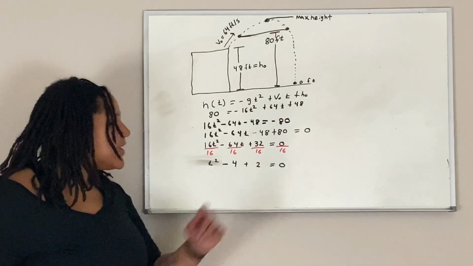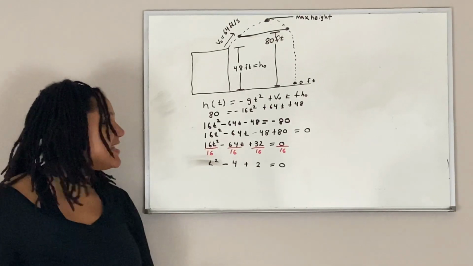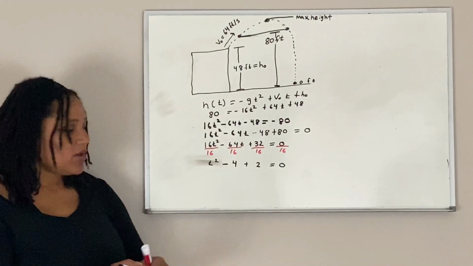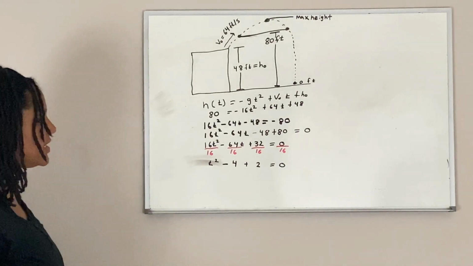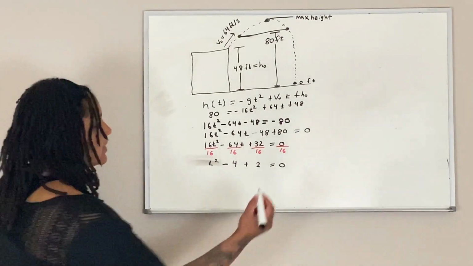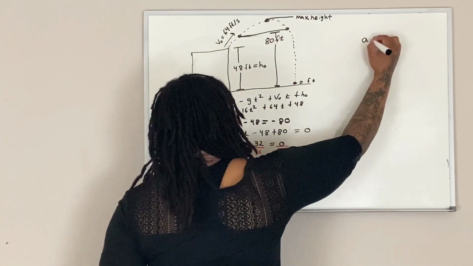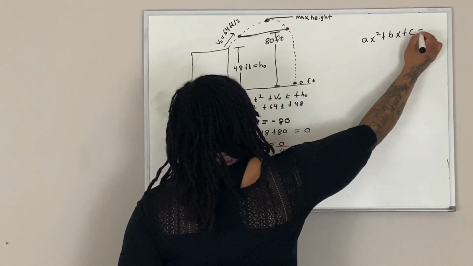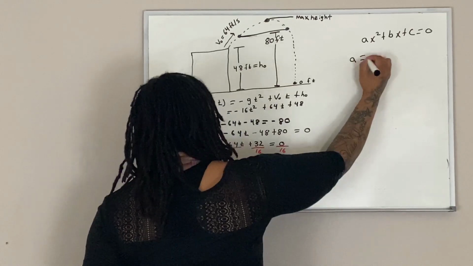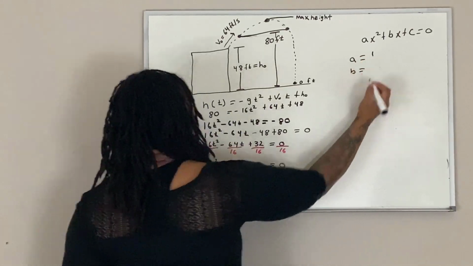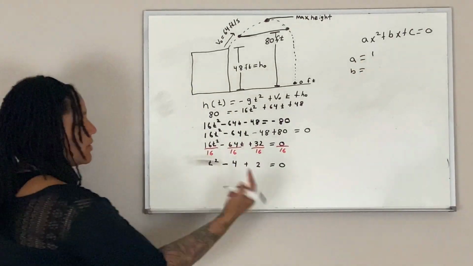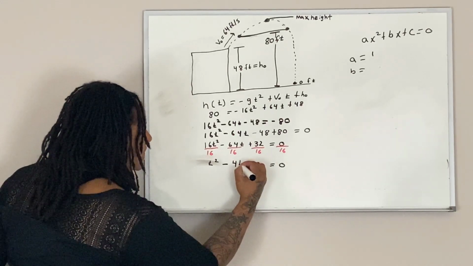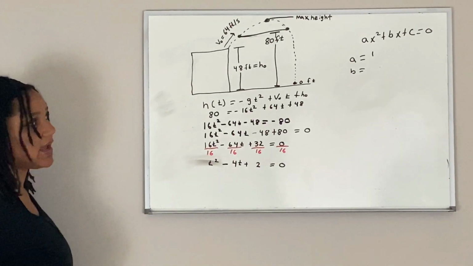So now we have a very nice equation, right? We have an equation in the form of ax squared plus bt plus c is equal to 0, where a is equal to 1, b is equal to, by the way, this is a t attached to that 4, right?